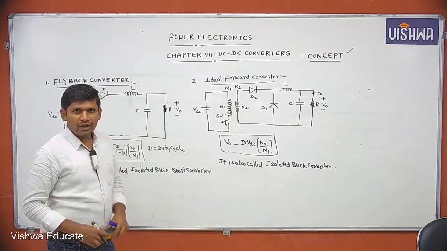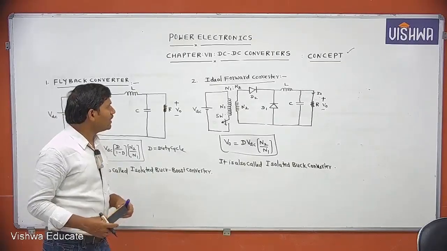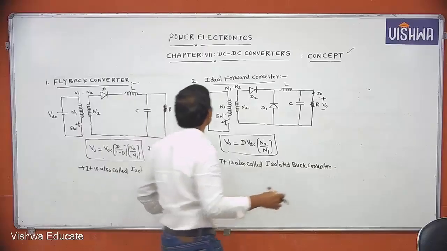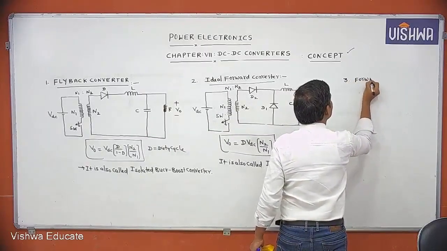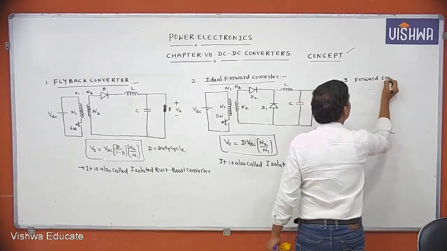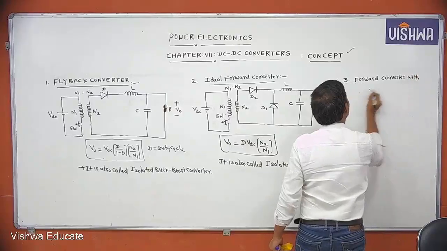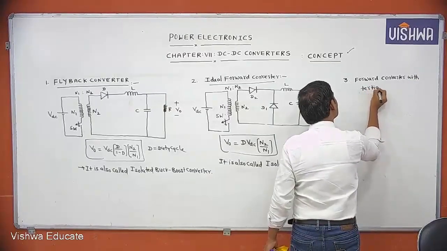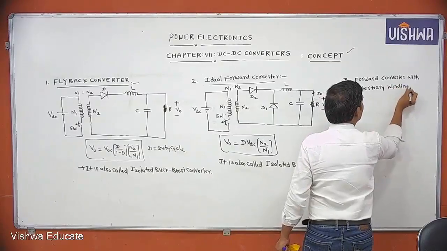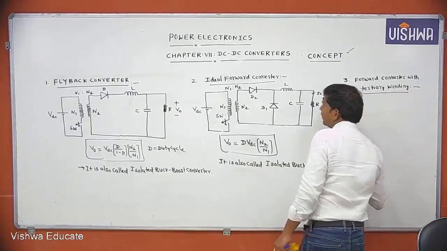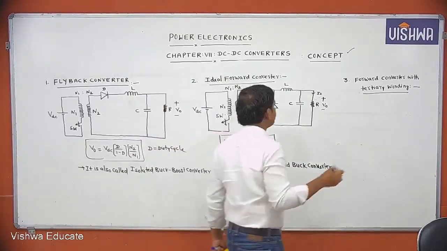One more configuration I want to give here: the ideal forward converter, that is, a forward converter with a tertiary winding. This I want to show. Now see how to draw that configuration, a forward converter with a tertiary winding.